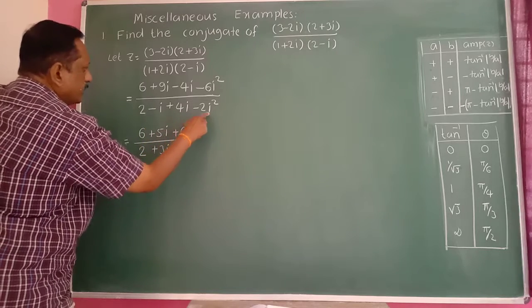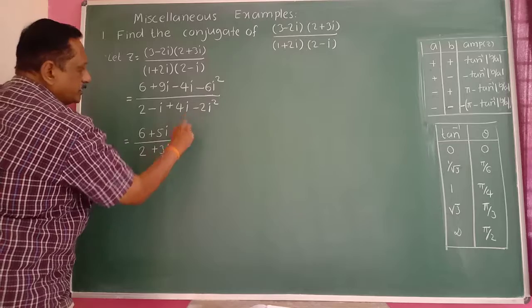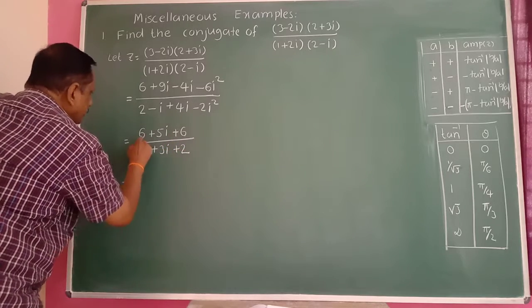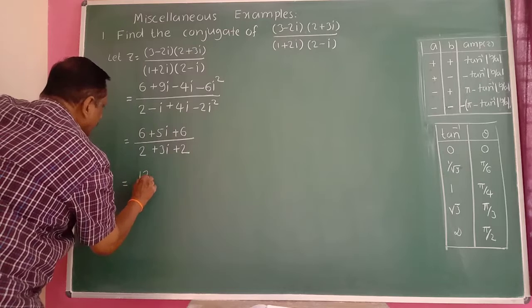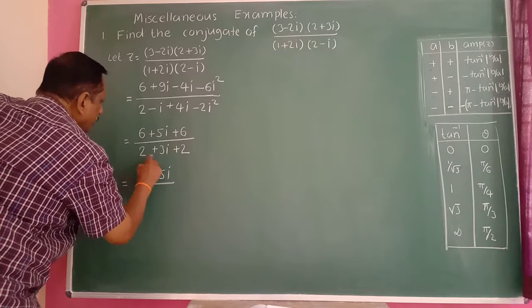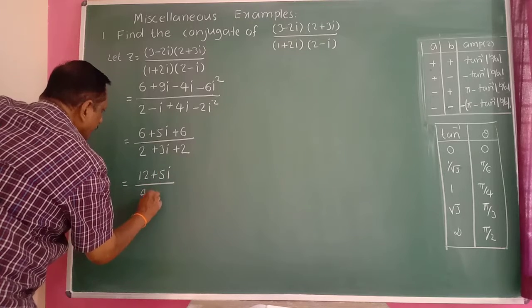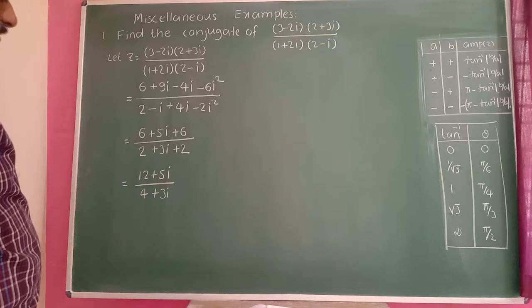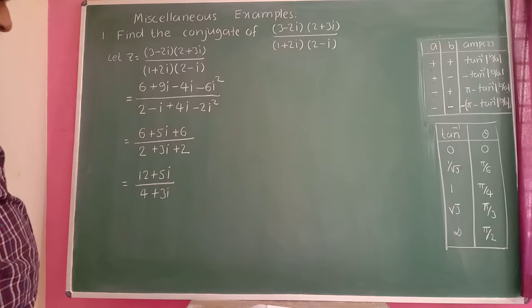Plus 3i and i square is minus 1, minus into minus becomes plus 2. Therefore this is equal to 6 plus 6 becomes 12 plus 5i divided by 2 plus 2 becomes 4 plus 3 into i. Okay, this is the complex number here, z.